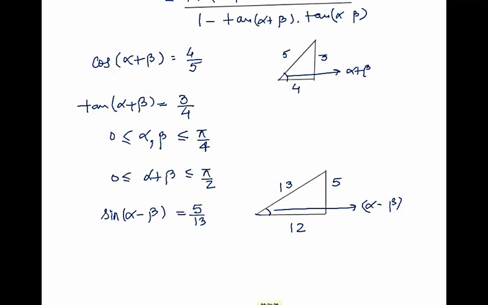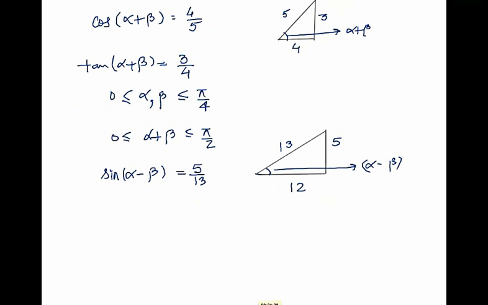So it's obvious that the base will be nothing but 12. And again, as sine of alpha minus beta is a positive quantity, therefore alpha minus beta will also be lying in the first quadrant. Therefore tan(alpha minus beta) can be written as 5 over 12.